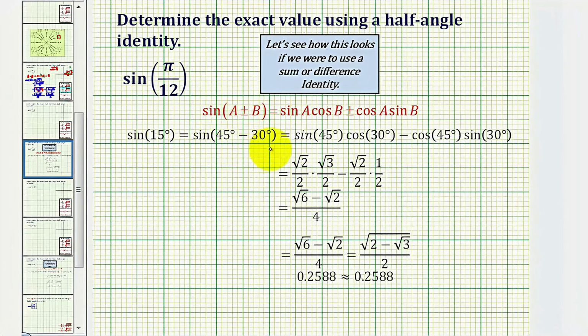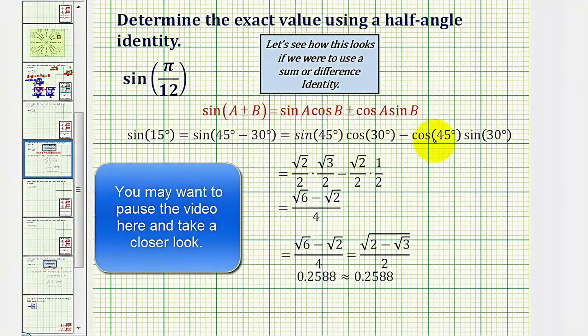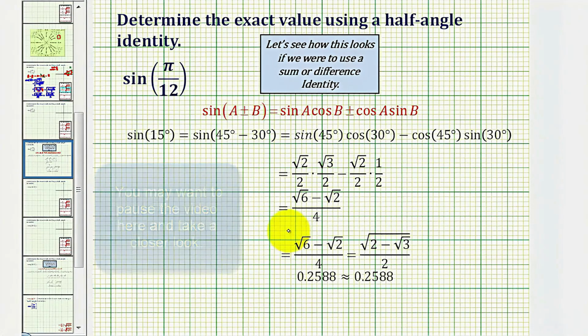So if we compare the difference identity for sine, given here in red, we'd have the difference of these two products, which if we simplify, would be the quantity square root 6 minus square root 2 divided by 4. So using the difference identity for sine, this was the exact function value.